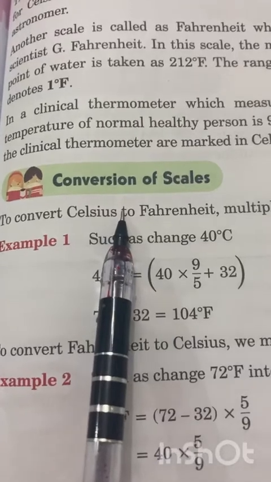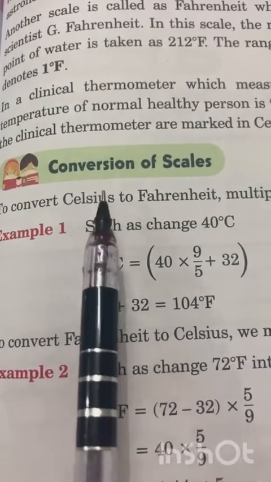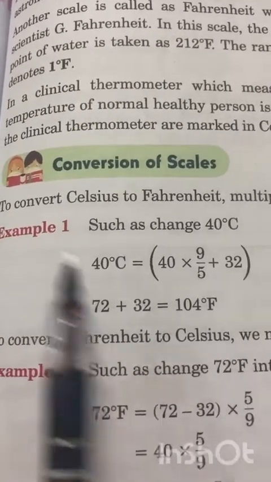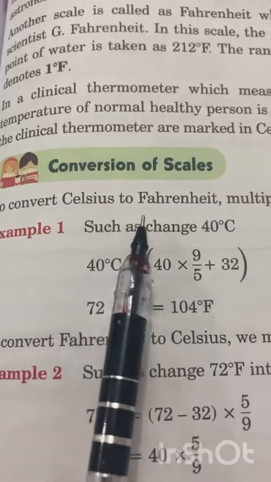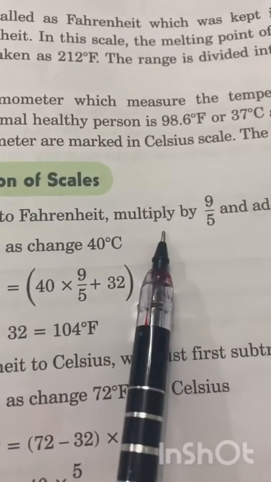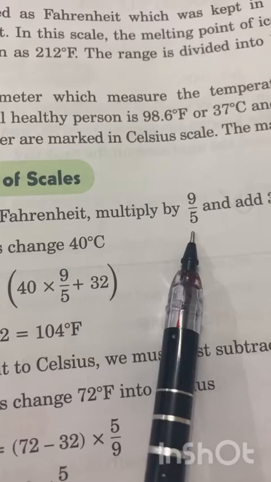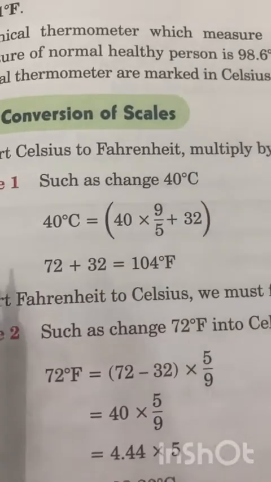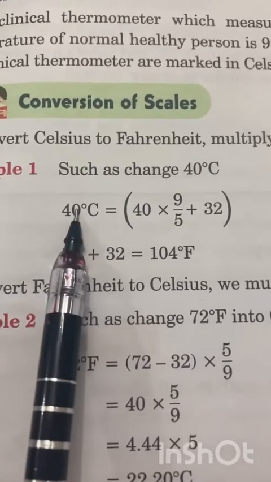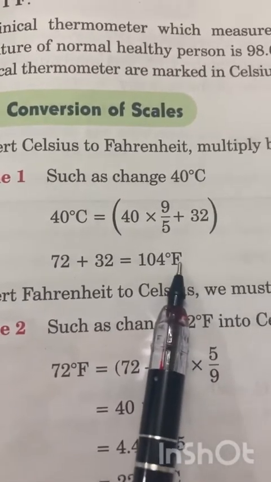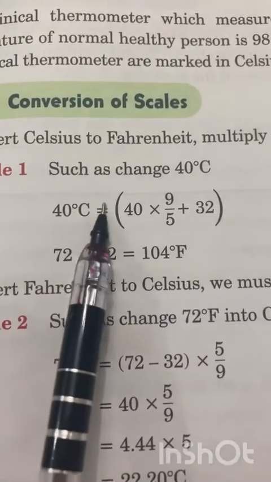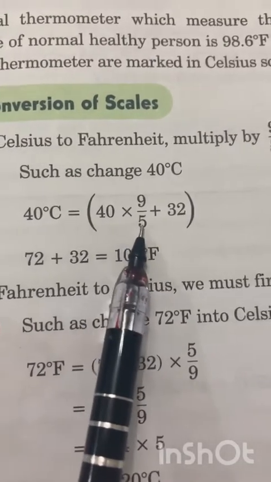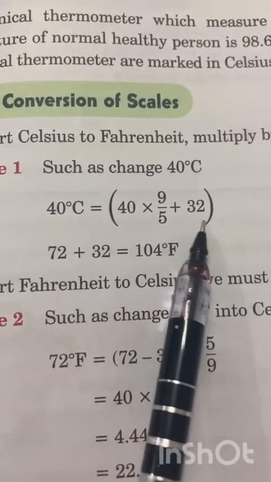We will see in your textbook, conversion of scales. How can we convert Celsius to Fahrenheit and Fahrenheit to Celsius? To convert Celsius to Fahrenheit, multiply by 9/5 and add 32. That means we multiply the Celsius value by 9/5 and then add 32.